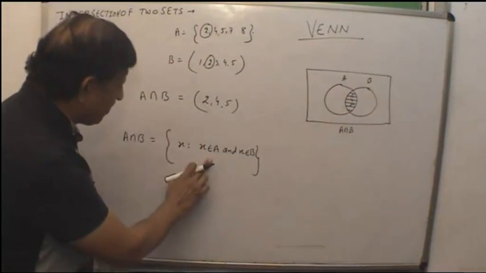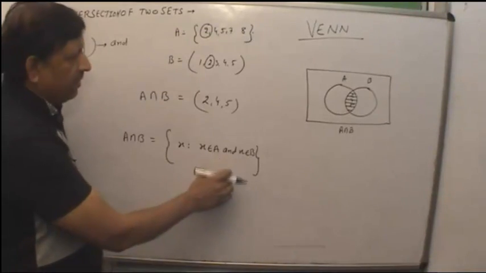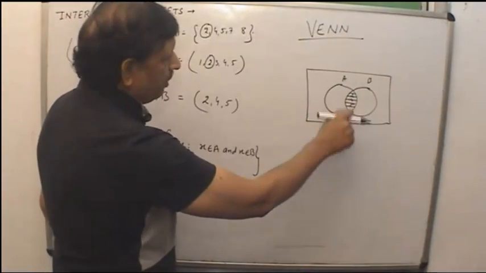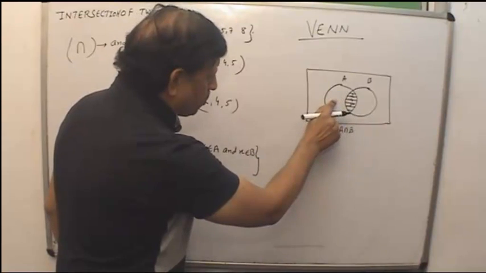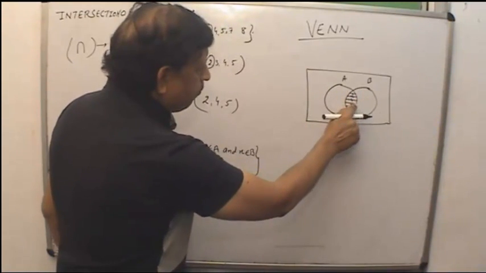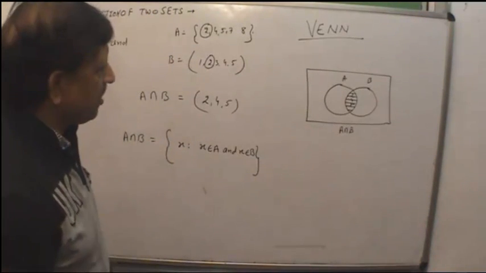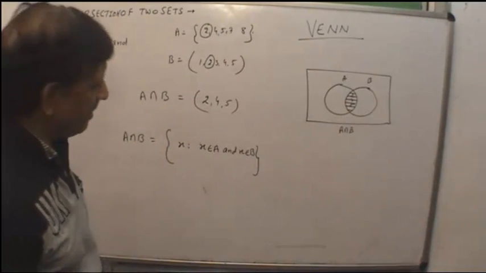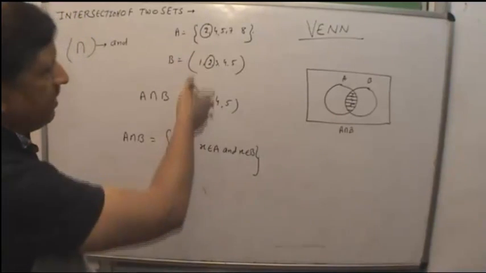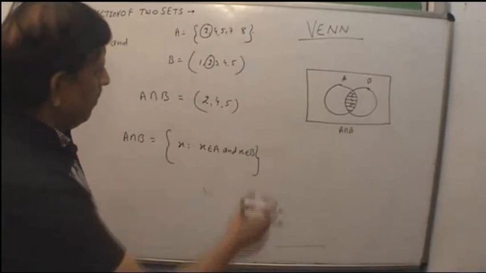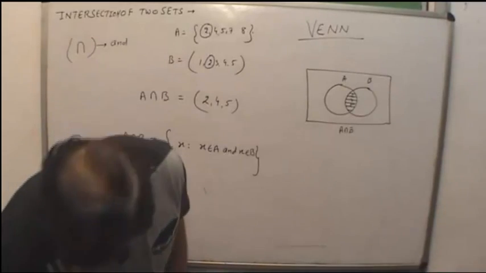That is why X belongs to A and B. This 2 belongs to A, also belongs to B. 4 belongs to A, also to B. That is the intersection of the two sets. These sets may be in any form, and that is the Venn diagram for this.